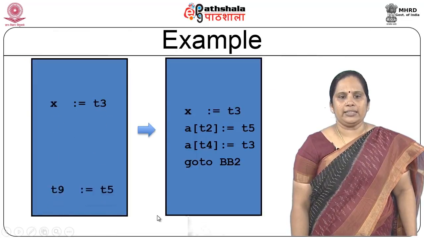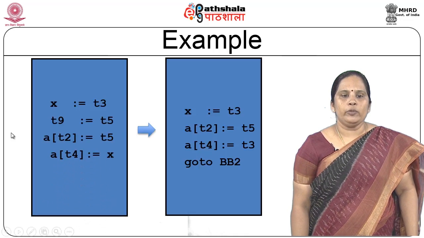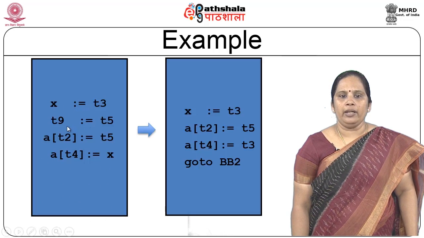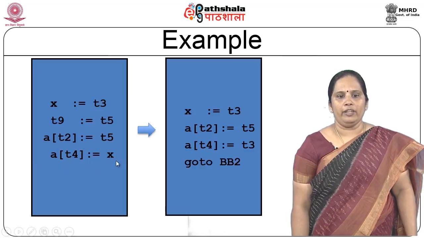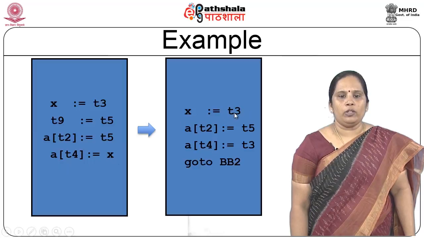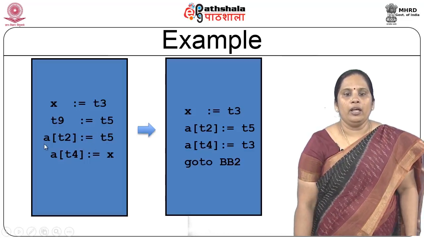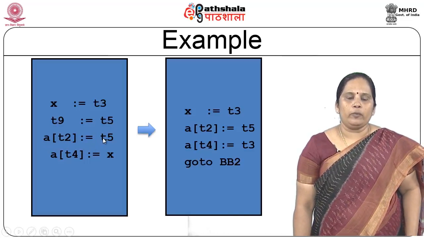Now let us take this example where we are on block B5. So this was your statement, x is equal to T3, T9 is equal to T5, A of T2 is equal to T5 and A of T4 is equal to x. So what happened actually is x is equal to T3, okay, and T9 is equal to T5, okay. Now what happens is A of T2 is equal to T5.